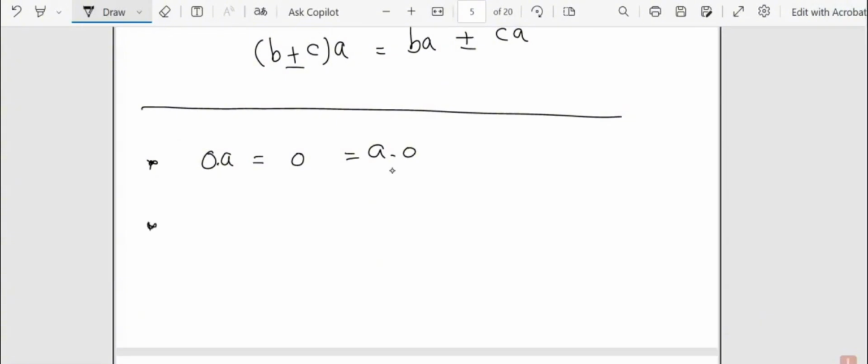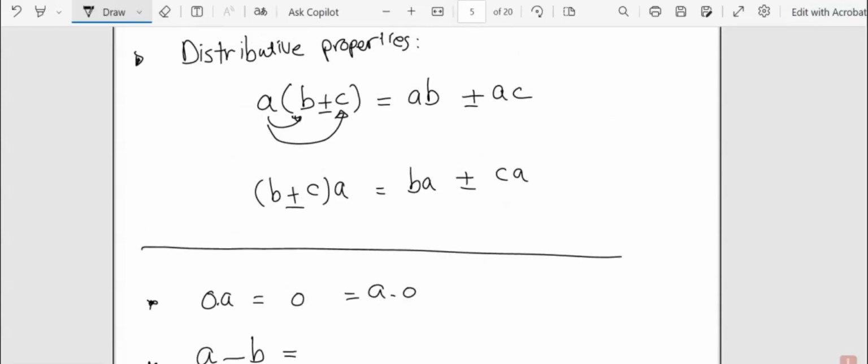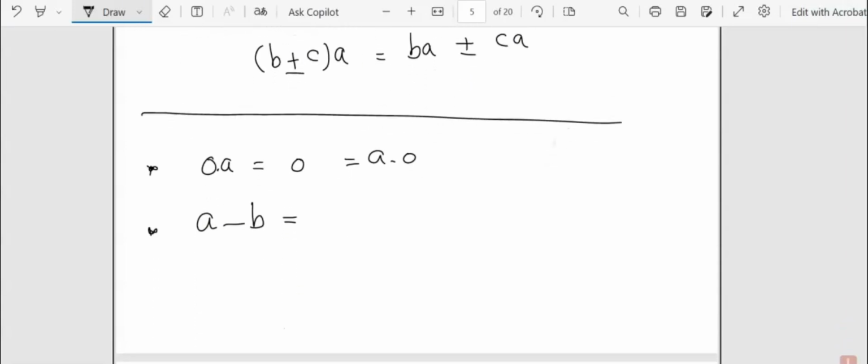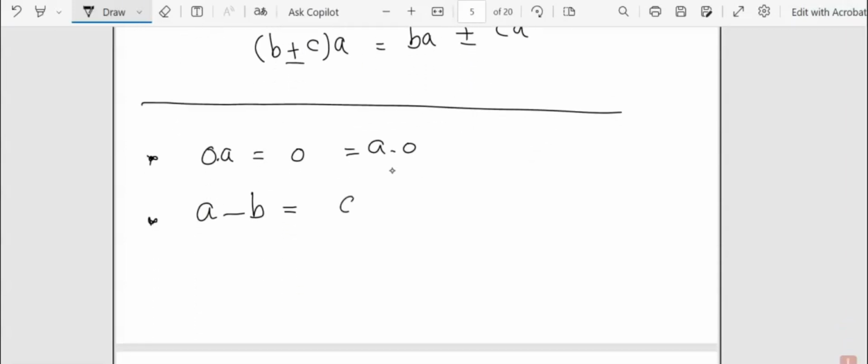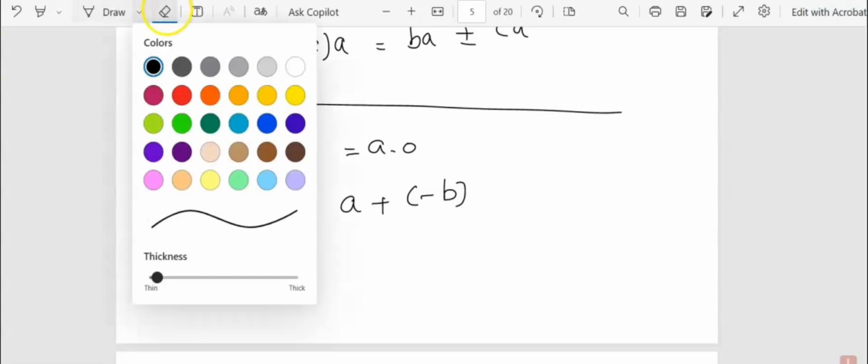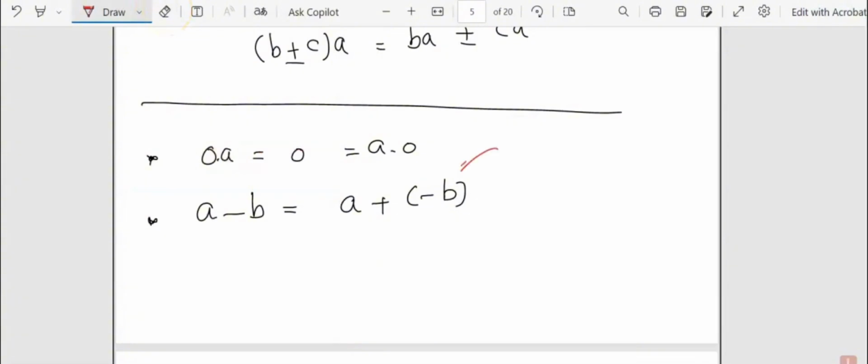Also extended sums: if we define the subtraction, here I already said plus or minus, but let's define the subtraction using the addition. It is a plus the inverse. When we say the minus of an element or a number, it's the addition inverse, which is the negative of a number.